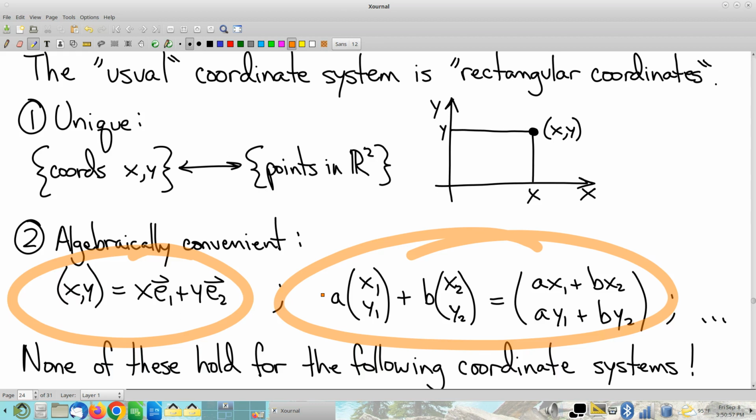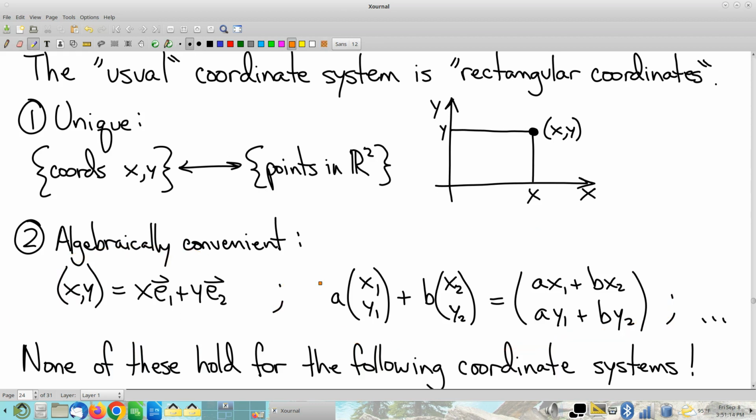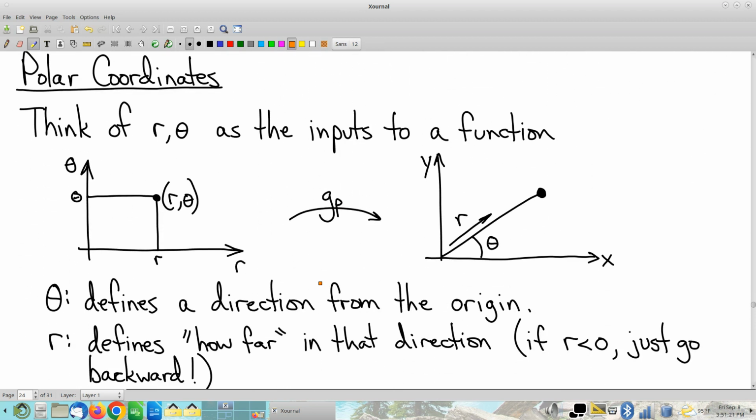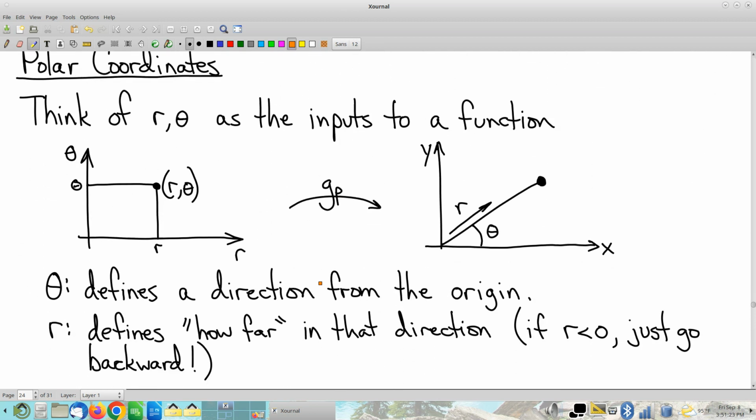If you take a linear combination of vectors written in rectangular coordinates, and likewise just take the corresponding linear combinations of the individual coordinates, works great. It's just lovely. Okay, again, no such luck in polar coordinates or spherical or any of these others we're going to do. Okay, so we have to get accustomed to the idea of weird.